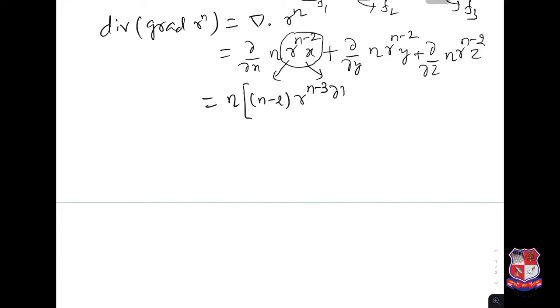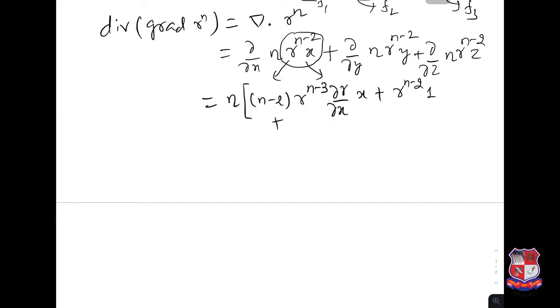So now r should be differentiated with respect to x. So that's the chain rule that we already know, and x as it is, plus now r power n minus 2 as it is, derivative of x is 1. Same we need to do for y.